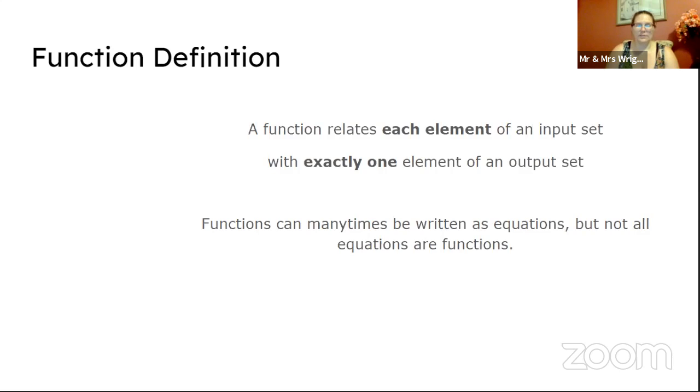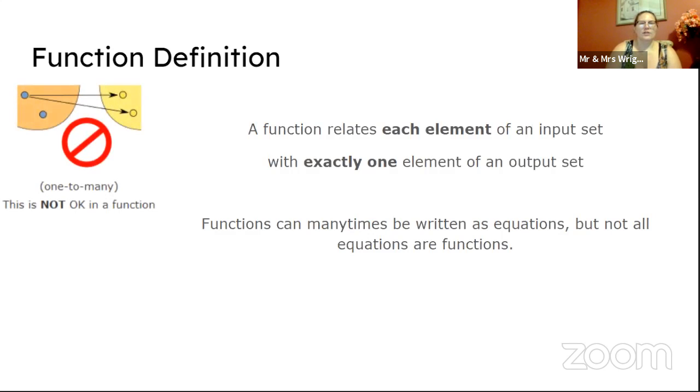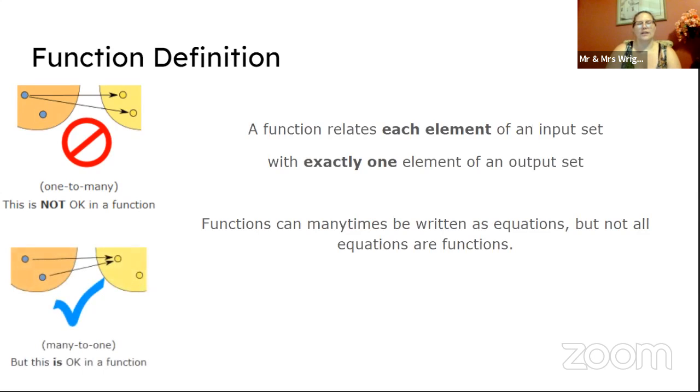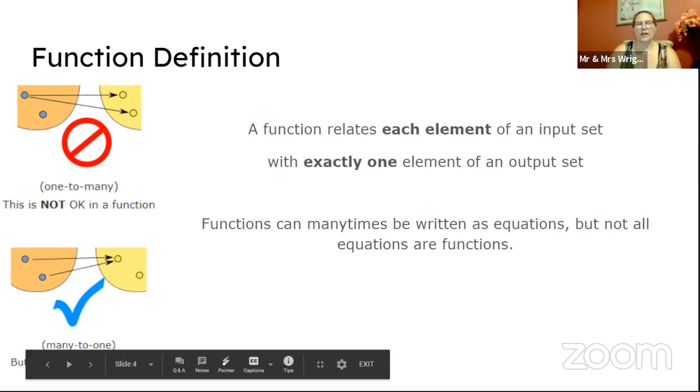Functions many times are written as equations, but not all equations are going to be functions. Here's one that, again, when you have it in a Venn diagram type of way, you can see easily that it is not a function because we have one input going to 2 outputs, so that's not allowed. But again, 2 inputs going to 1 output, that is okay. It's called a many-to-one function, okay?